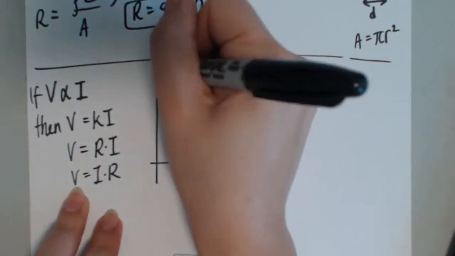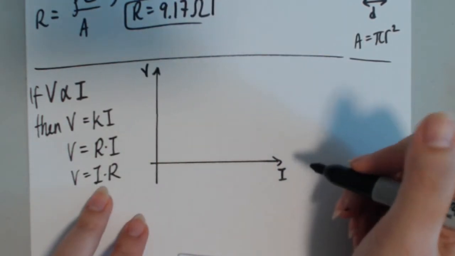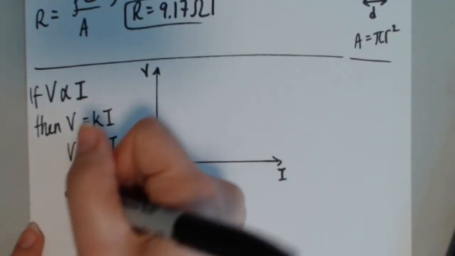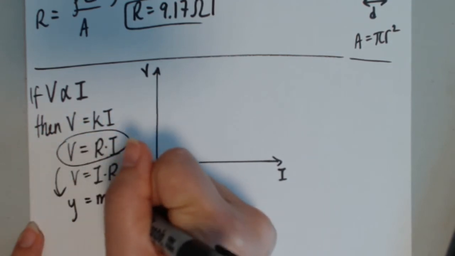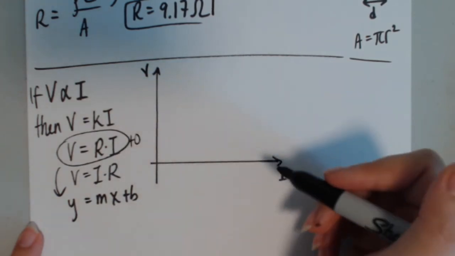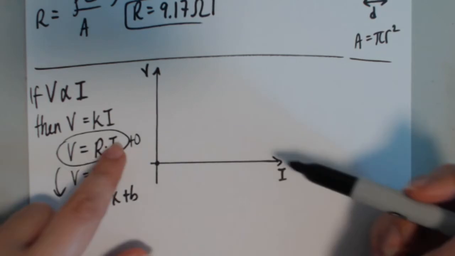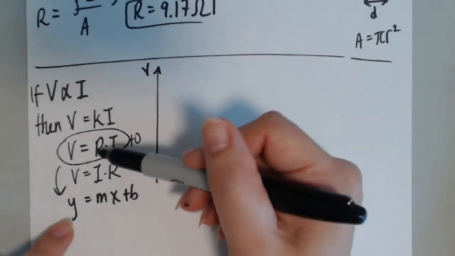Okay, so V on the y-axis and I on the x-axis. If two things are proportional, remember we are comparing this to the equation y equals mx plus b. Well, the y-intercept is 0, so I have to start right here. What's my independent variable? It's I. What's my dependent variable? It's V. What's my slope?